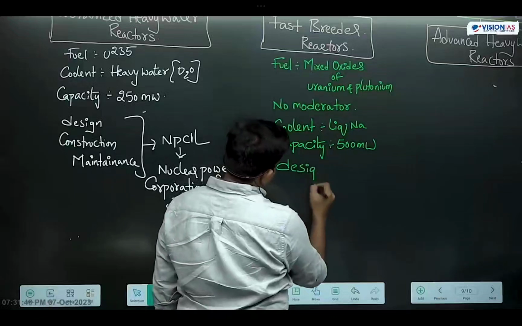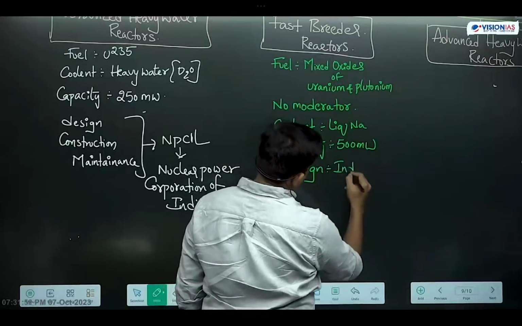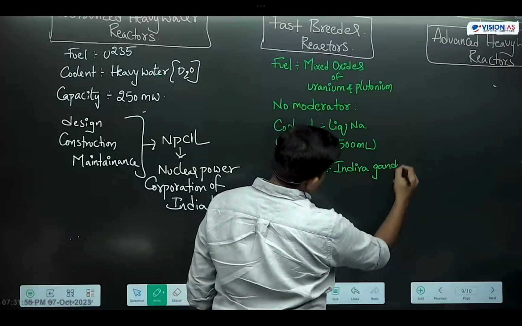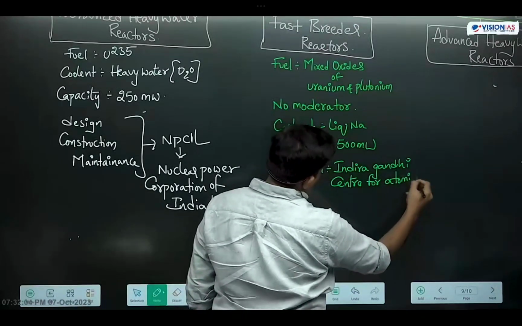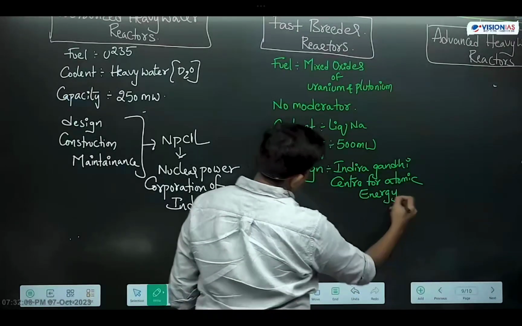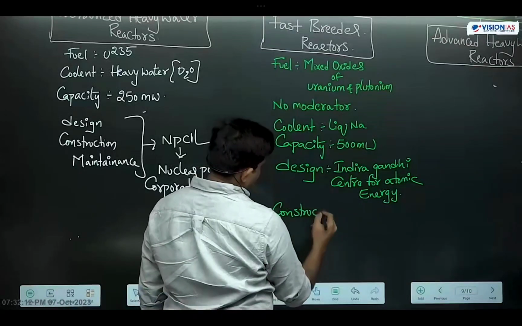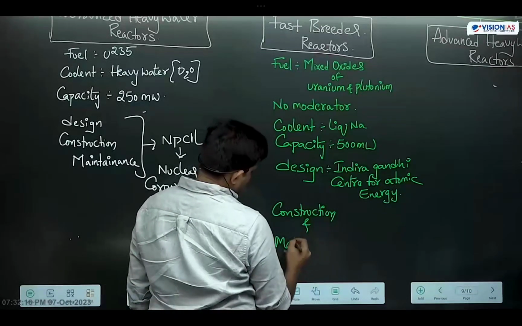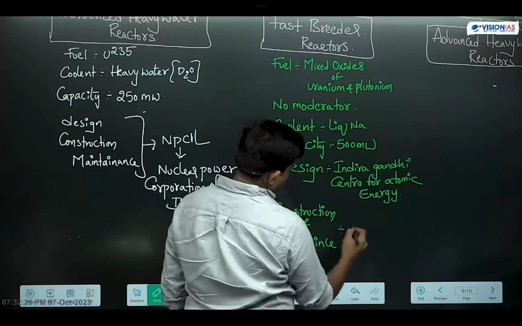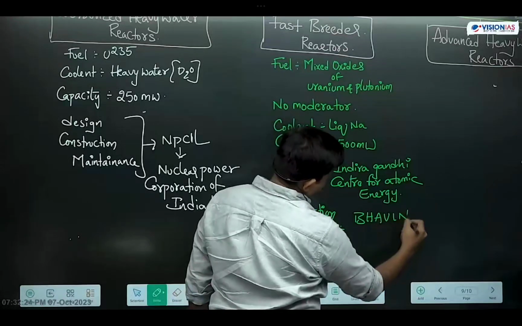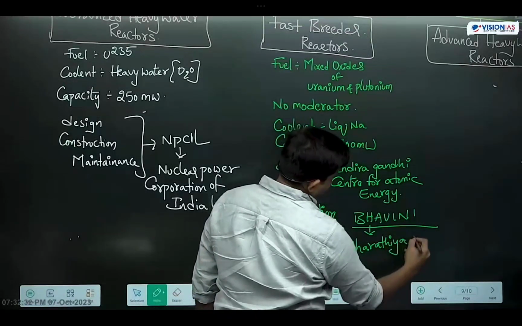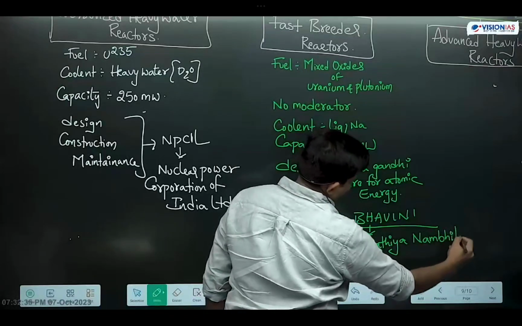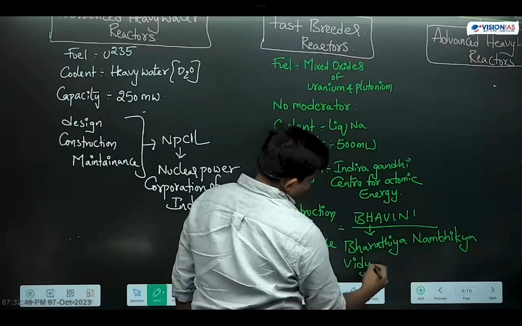Design is taken care of by Indira Gandhi Center for Atomic Energy. Construction and maintenance is taken care of by Bhavini. Bhavini means Bharatiya Nabhikiya Vidyut Nigam Limited.